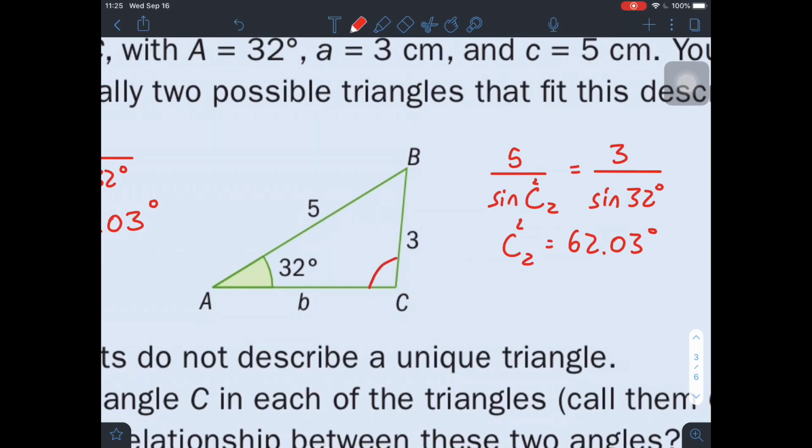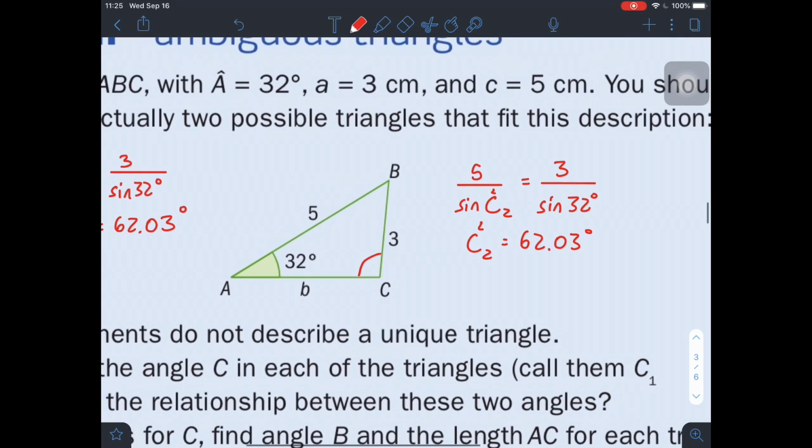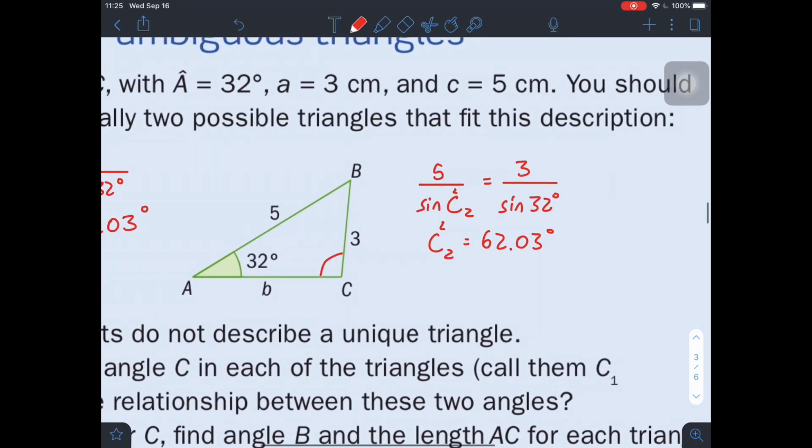So that means that the value of C2 cannot be a value less than 90 degrees. It must be a value greater than 90 degrees. So the value of C2 is going to be calculated in the following way.